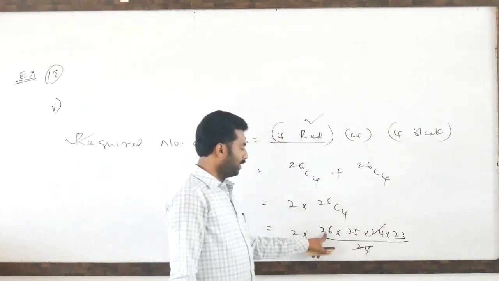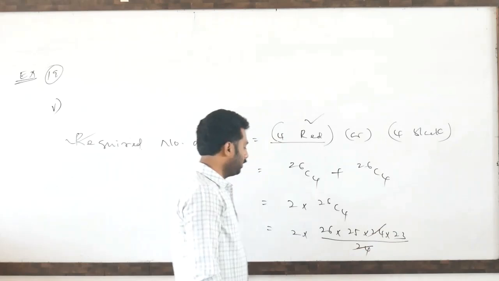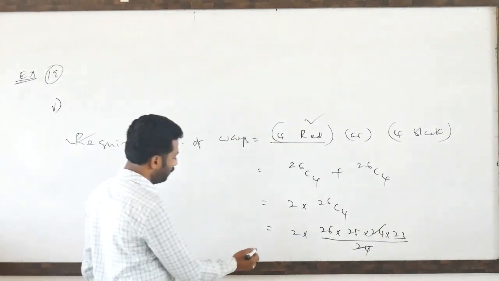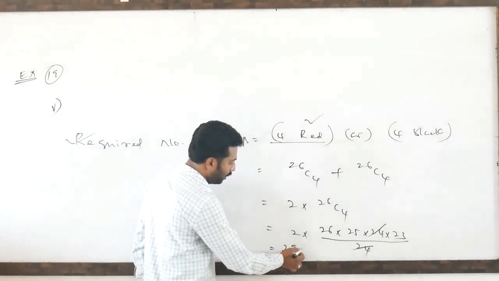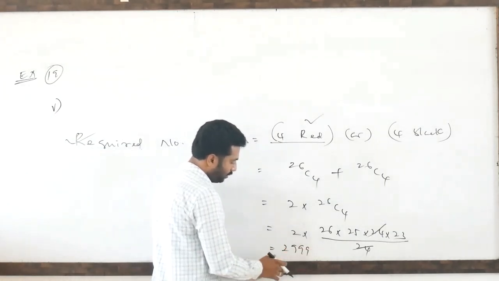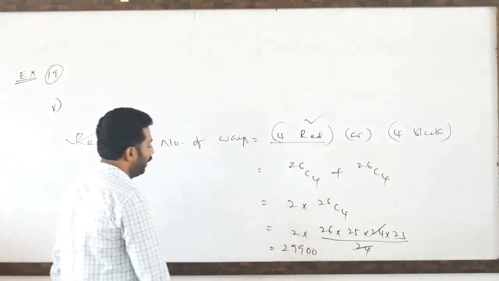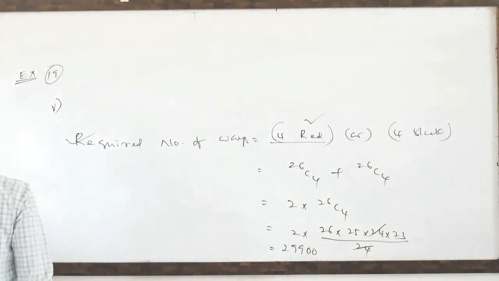So 2 into 26 into 25 into 23. If you multiply this, it comes to 29,900. So this is your answer.